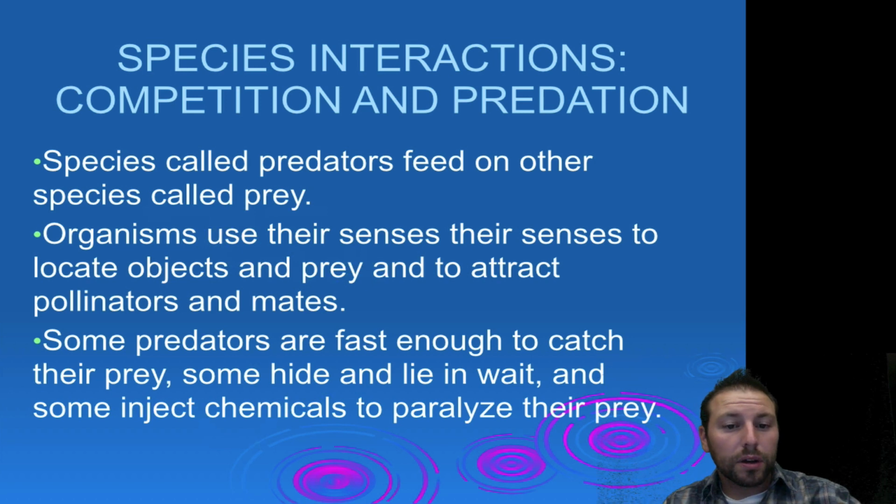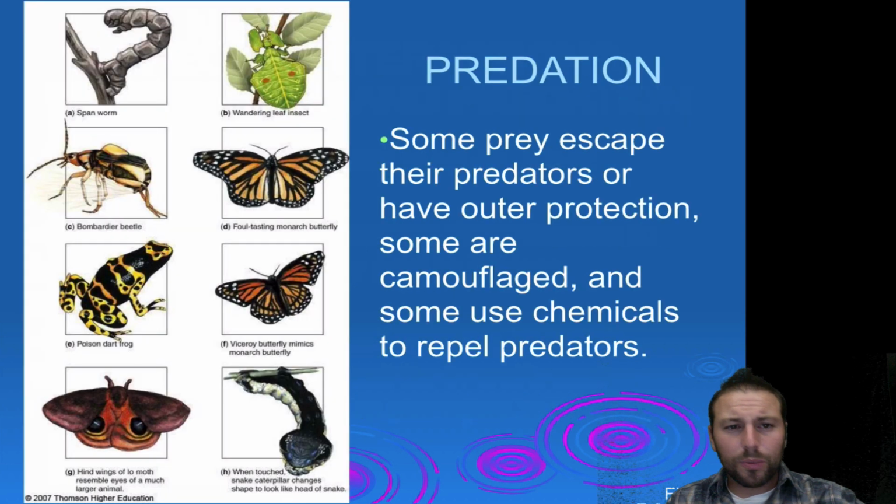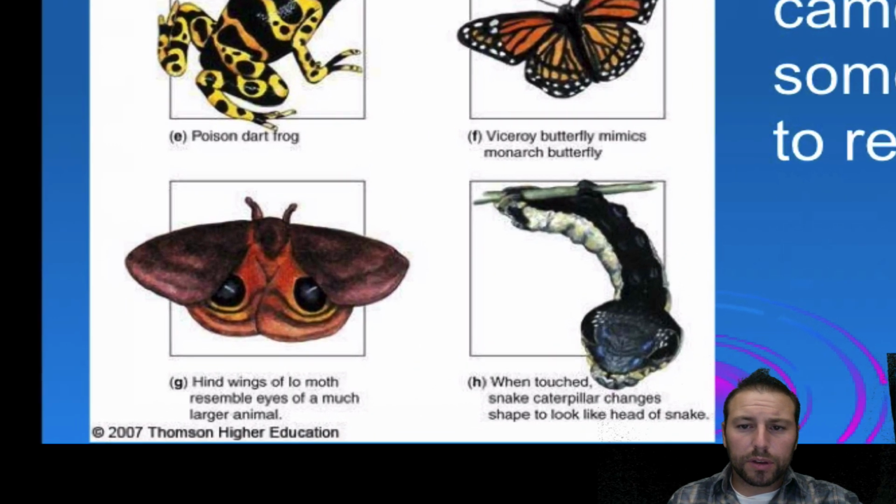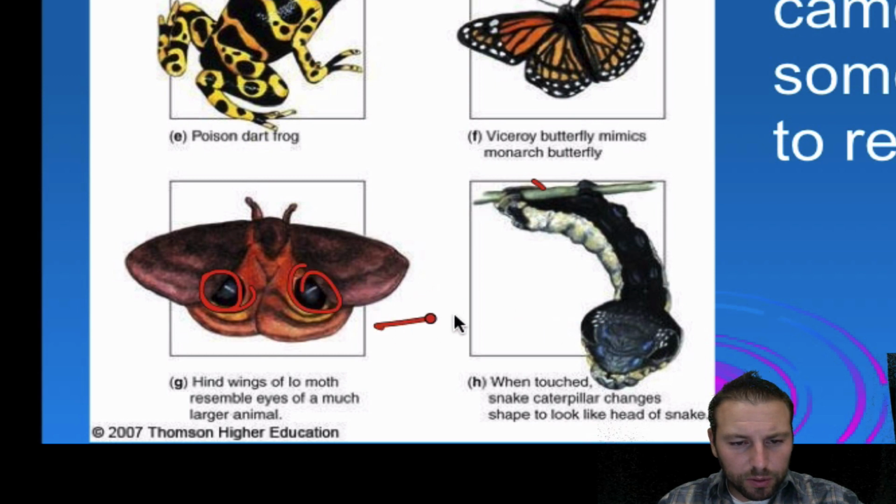But at the same time, prey have an equally armed defense against a lot of these predators. So for predation here, there are some different types of organisms, and some prey may be camouflaged, or may develop over time to look like other organisms, like these two on the bottom, the caterpillar and the moth.